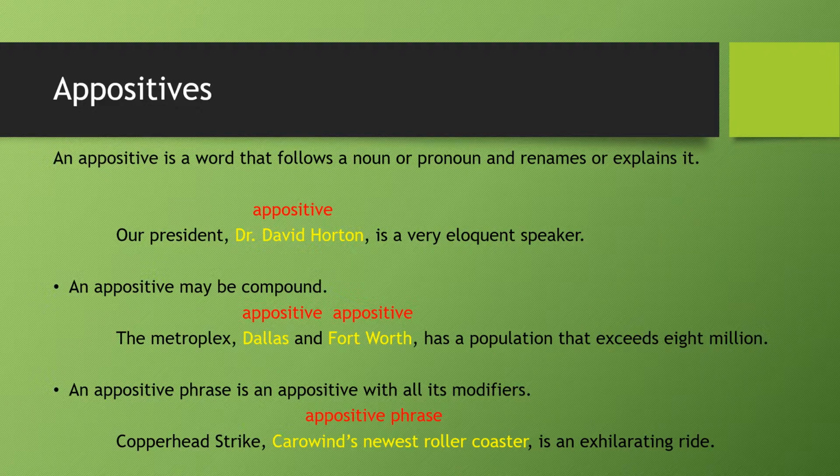Now, in the previous, Dallas, Fort Worth, that's the compound appositive. But if we were looking at the appositive phrase, it would contain all of those words, Dallas and Fort Worth. Now, look at the next sentence. Copperhead Strike, Carowinds' newest roller coaster, is an exhilarating ride. So all of that is the appositive phrase.